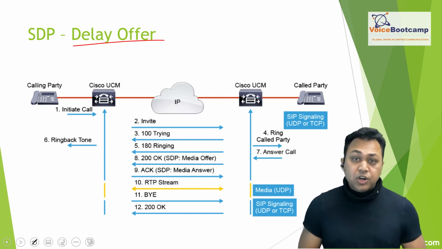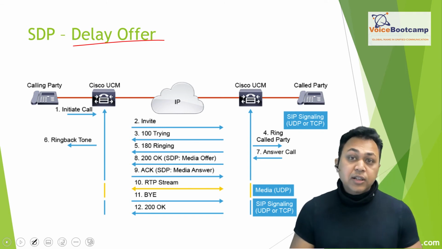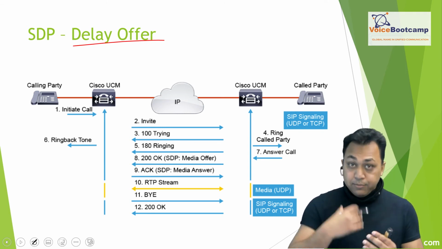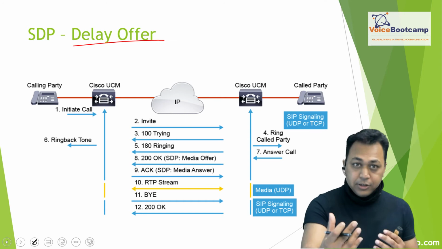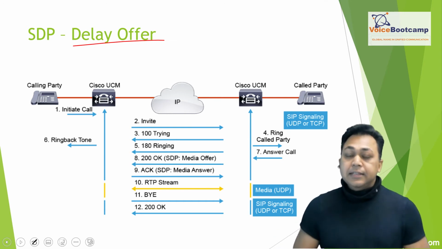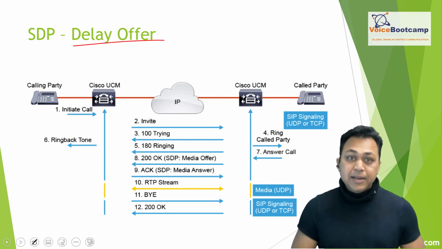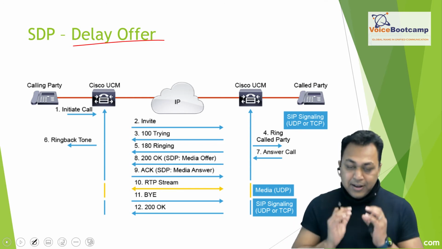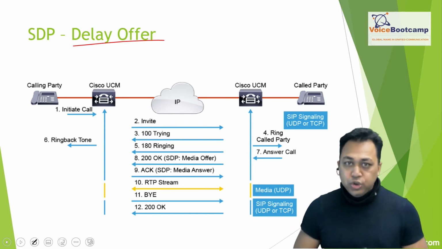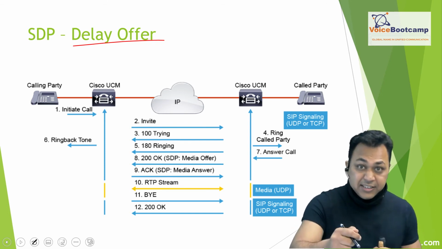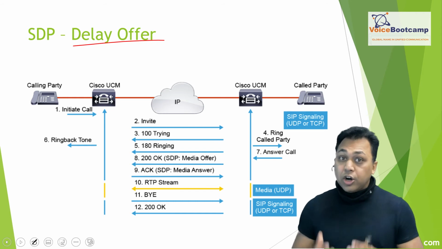In the simplest terms, if I'm calling you, my SIP invite to you is the initial SIP invite. The initial SIP invite that is sent with the SDP in the message body is defined as an early offer. That means if I am sending an invite message to you, and I'm also sending the SDP at the same time, that is called early offer.